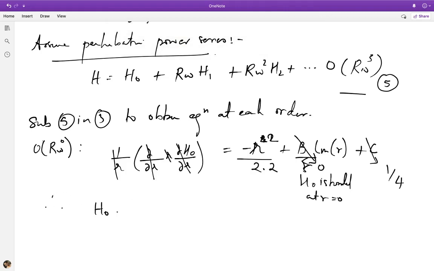So therefore I can say that h naught is equal to 1 minus r square upon 4. So this is your 0th order problem.